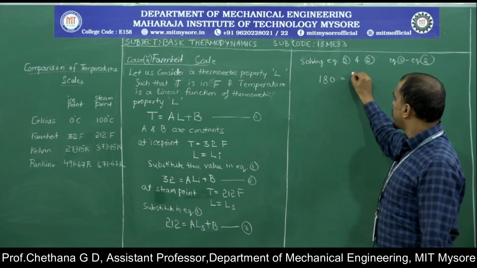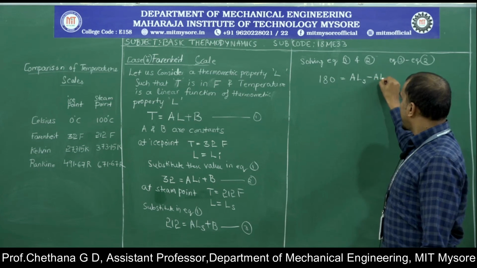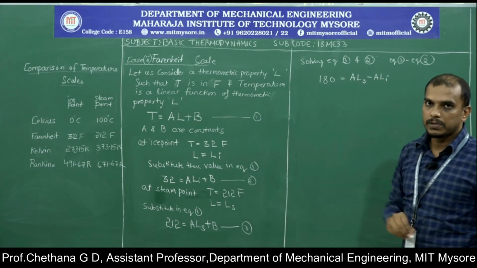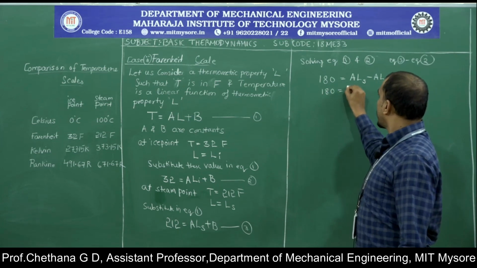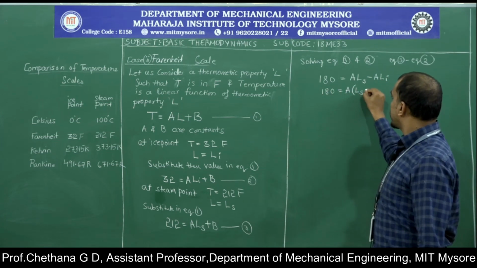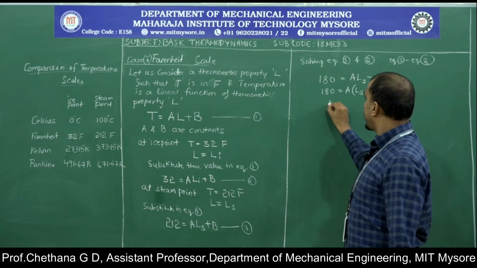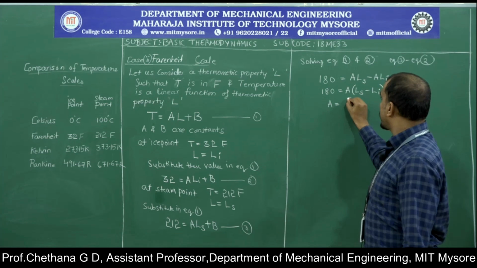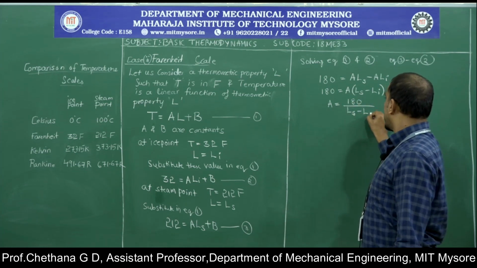So 180 is equal to A Ls minus A Li. Both B terms get cancelled out. So 180 is equal to A, taking it out as common, Ls minus Li. The value of A we found is A equals 180 divided by Ls minus Li.